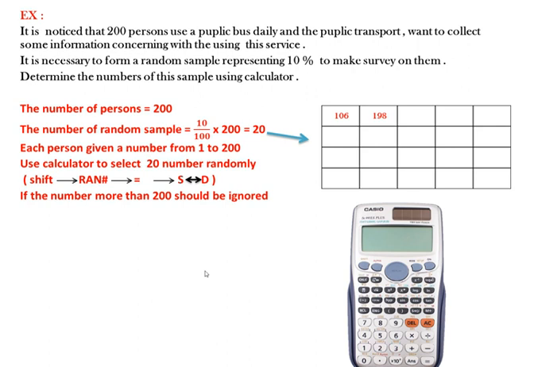Remove the decimal point and we put the number 198. Then the first person carries the number 106, and the second person carries the number 198, and try it 20 times to get the 20 numbers which the persons carry.